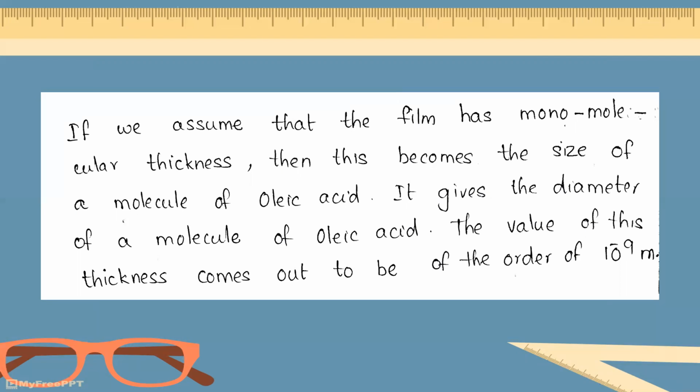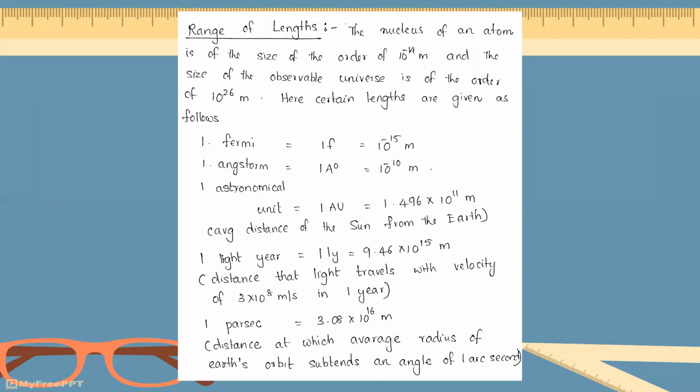We have seen how to find large distances from the surface of the Earth to a planet by using the parallax method. We have also seen how to measure small distances like the size of a molecule using this oleic acid method. So now let us see some range of lengths.